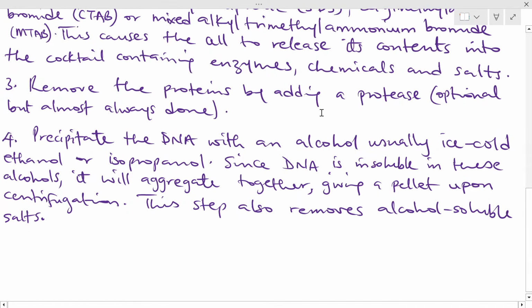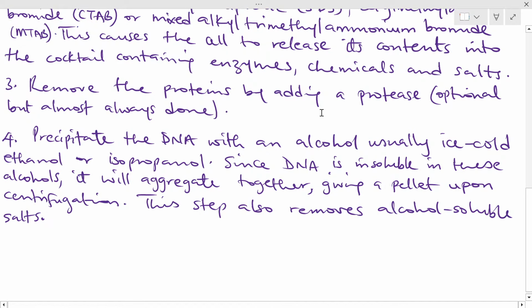Then you have the fourth step, precipitating the DNA with an alcohol, usually your ice cold ethanol or your isopropanol. So when you precipitate this DNA, having removed some proteins and removed the lipids, you are getting closer to the purest form as much as possible.